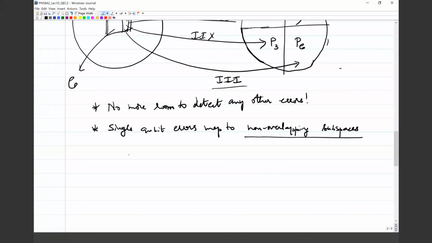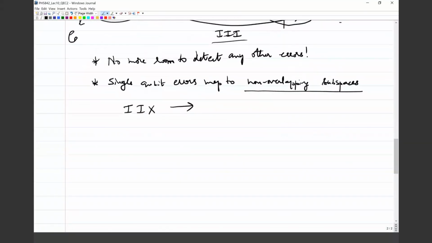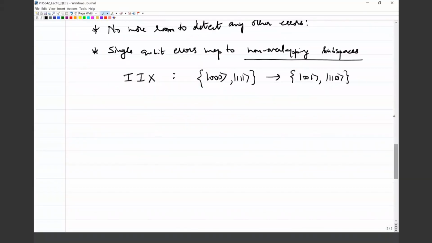So for example, let's look at IIX. What does this do to the code words? Under this, the 000, 111 will get mapped to 001, 110. I don't know which one I call P1, whether I call this P1. No, I call this P3.